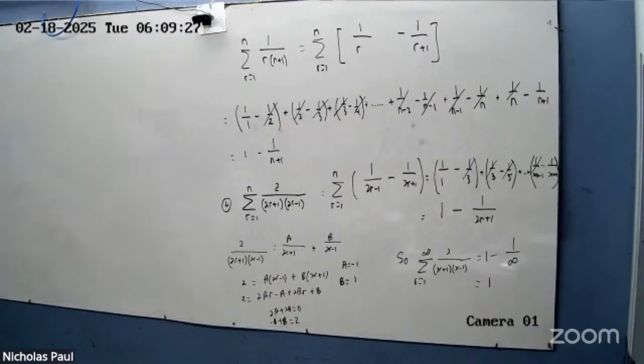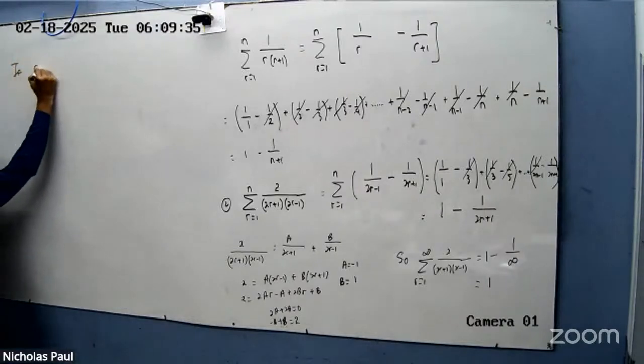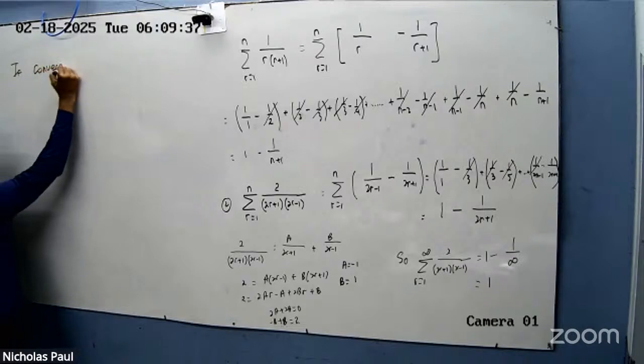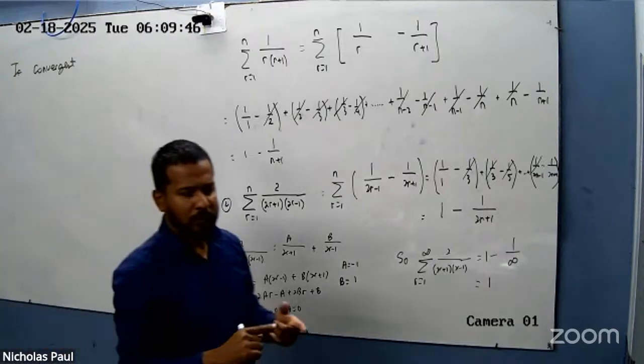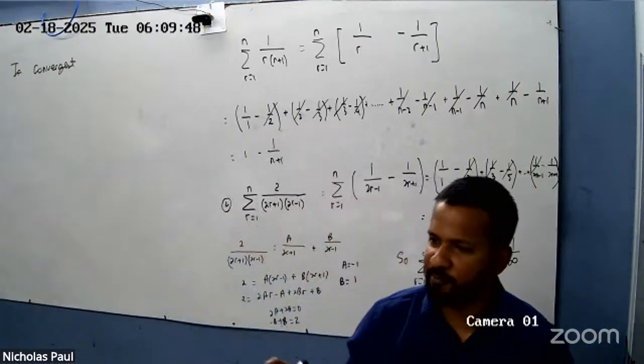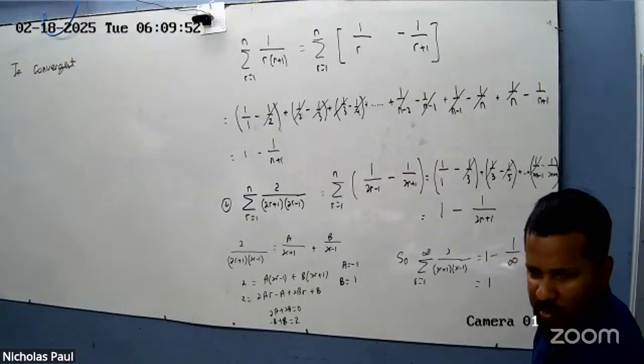You're close. So what would be the sum to infinity for an AP?